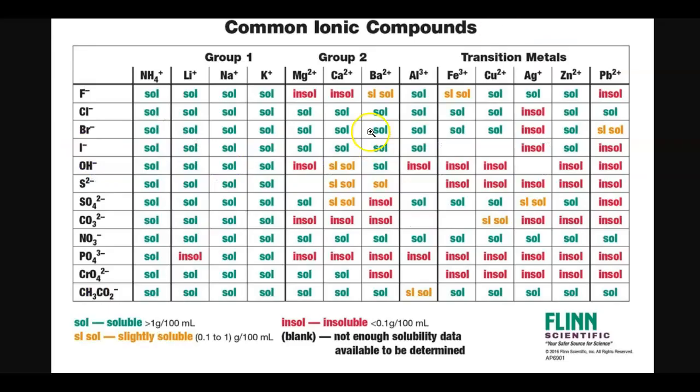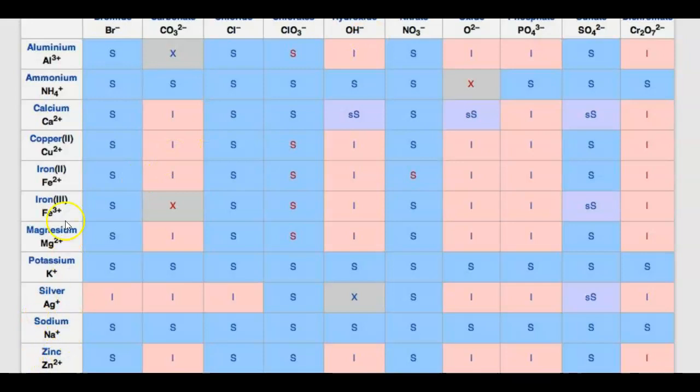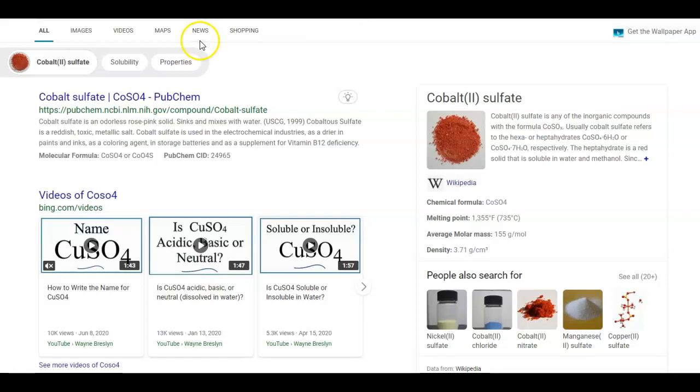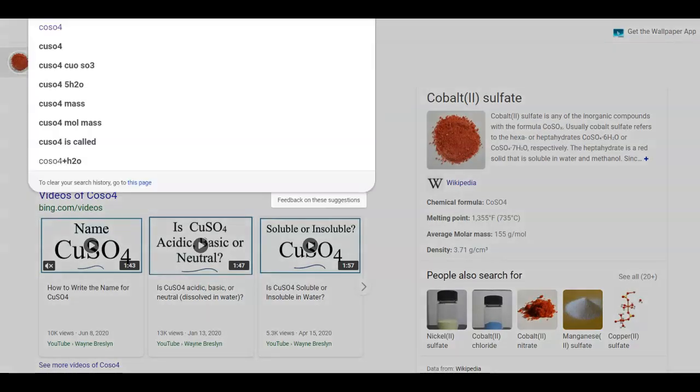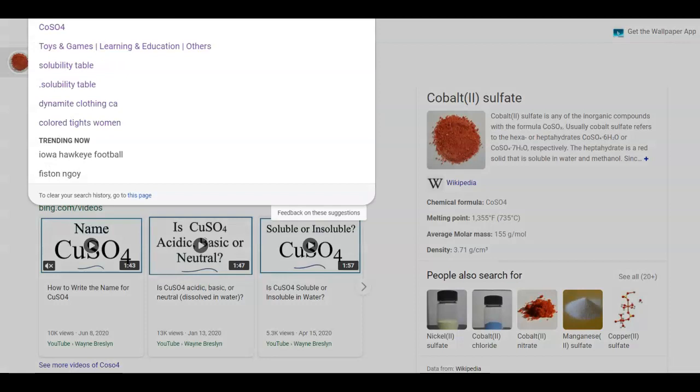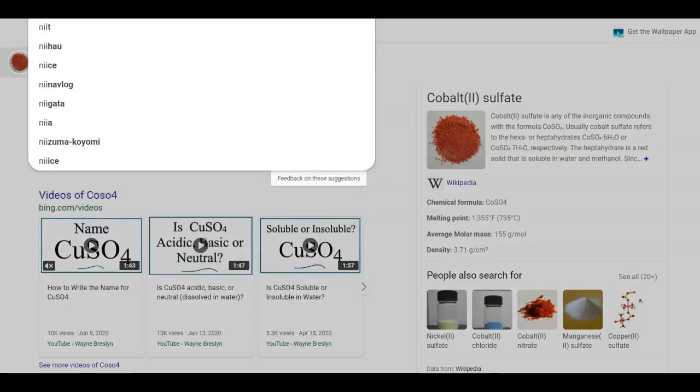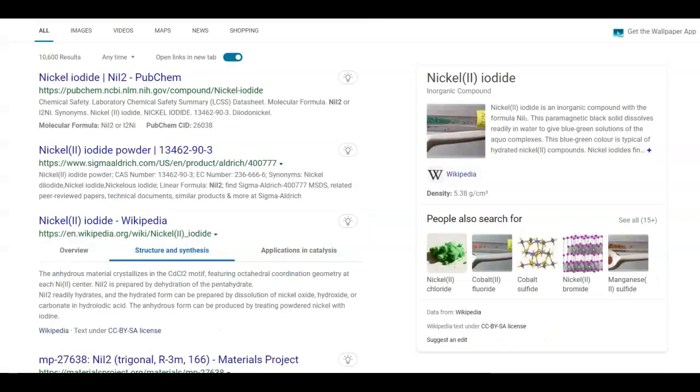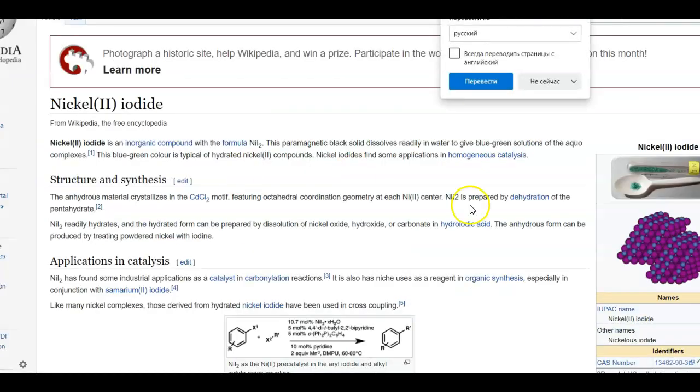NiI2. Ni, do we have Ni here? No. Do we have it here? No. Okay, we can Google it again. I2. Okay, it's nickel iodide, Wikipedia.